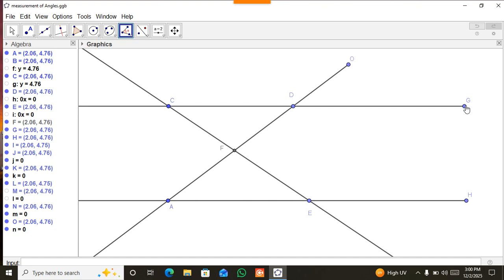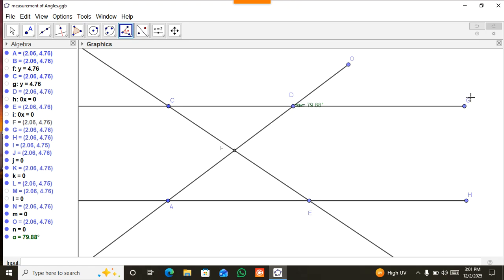So, for example, I want to measure angle GDO. That's the angle at D. I have to click G, D, O. So once I click on it, Geogebra automatically measures the angle at D.